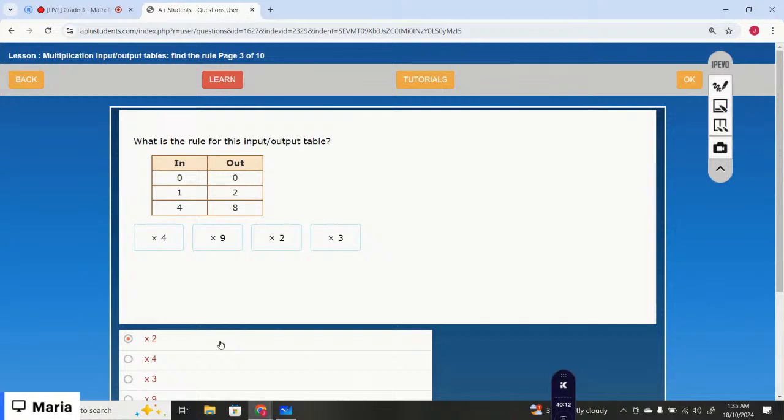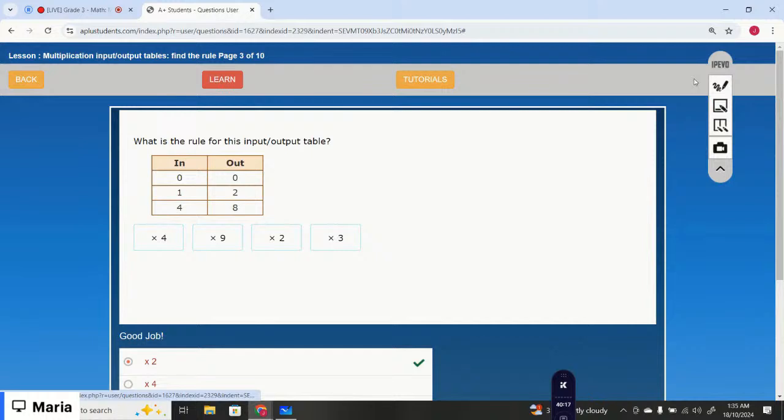You need to multiply them by 2. Option number 1 is the correct option.